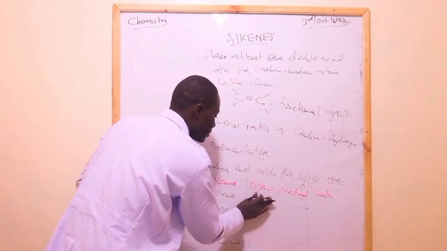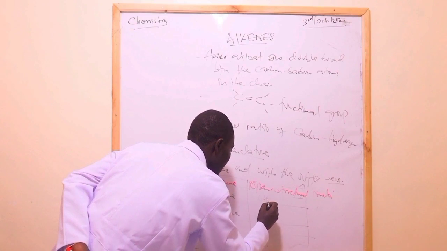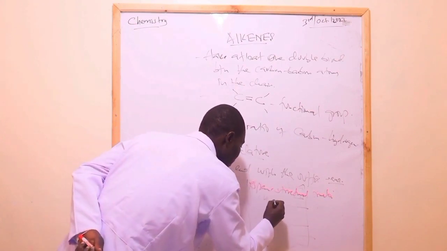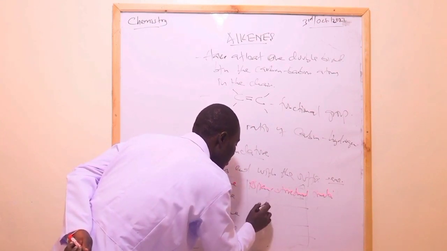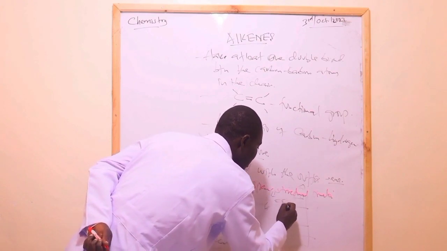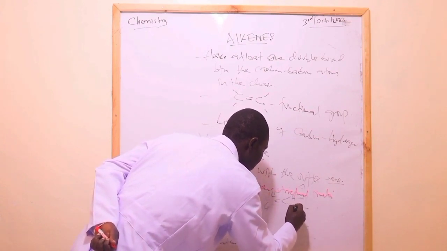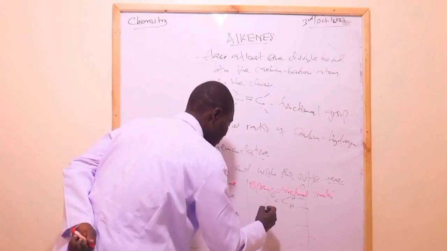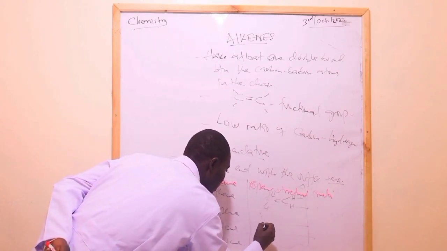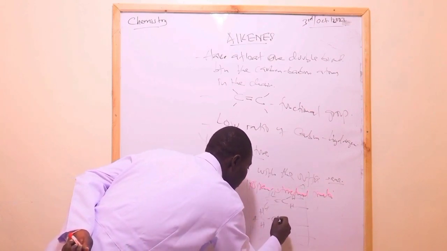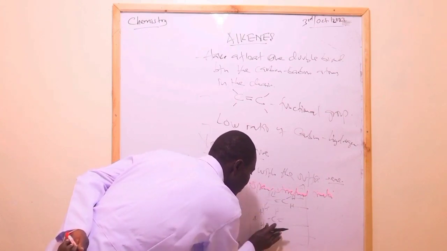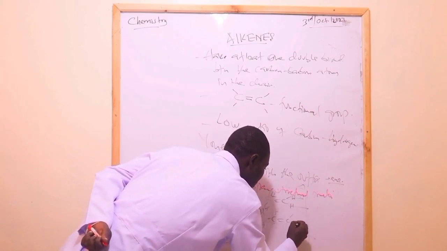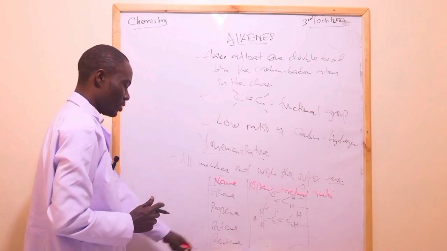So here we have CH2, CH2. For propene, CH3 this way, CH2 this way.